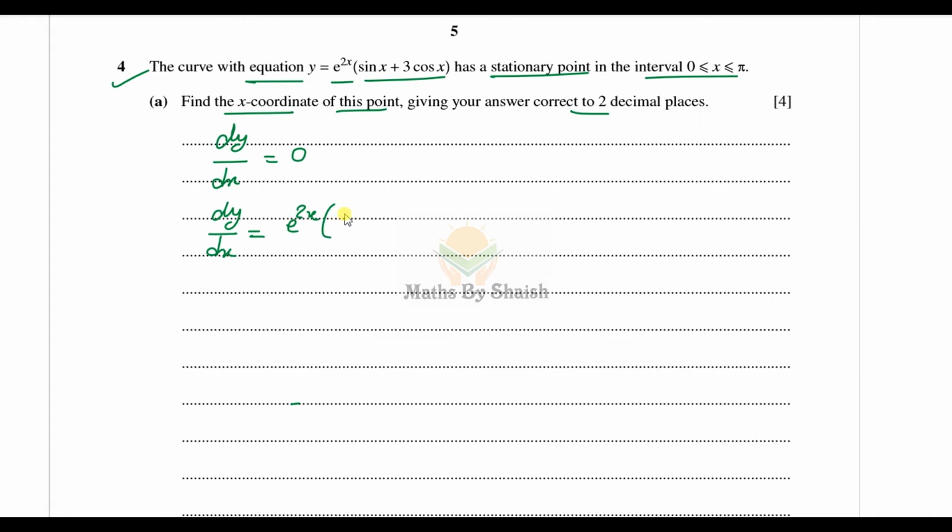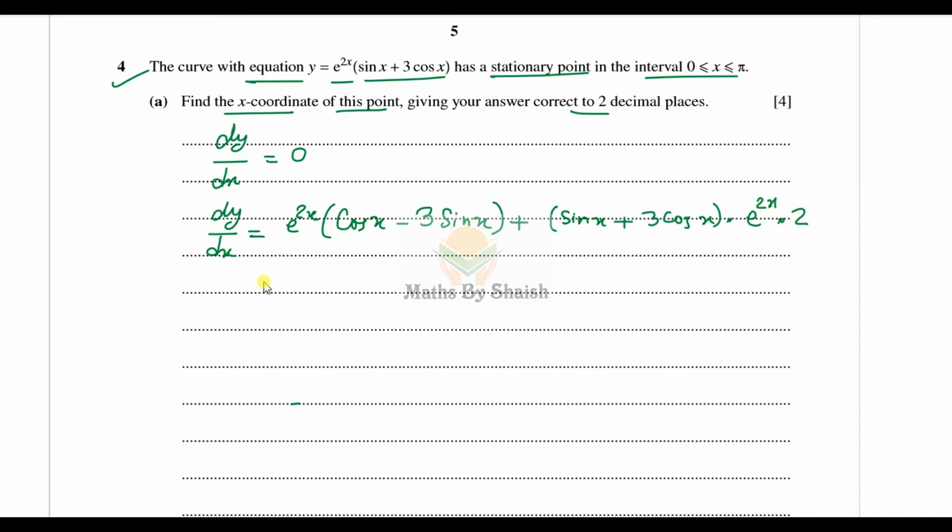Sine x differentiation is cos x, and cos x differentiation is minus sine x, and 3 is a constant, so it would be 3 and minus sine x, plus the second function as it is, that is sine x plus 3 cos x, times the differentiation of the first function, e raised to the power 2x, which is e raised to the power 2x, and differentiation of 2x is 2.